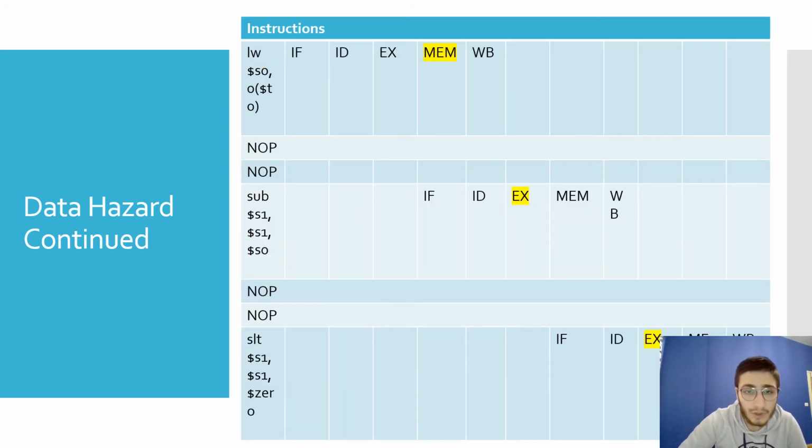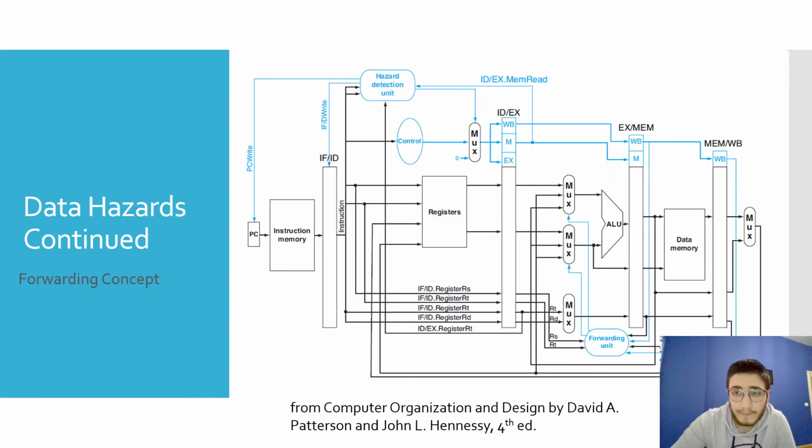A possible solution could be adding several no-ops between the instructions in order to finalize the execution of every instruction before the execution of the other, especially since this instruction relies on the value of $S0 that needs to be updated from the previous instruction.